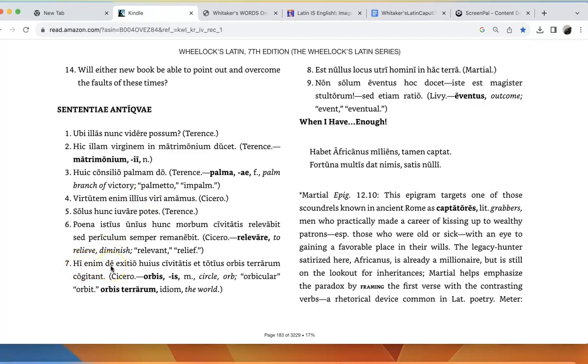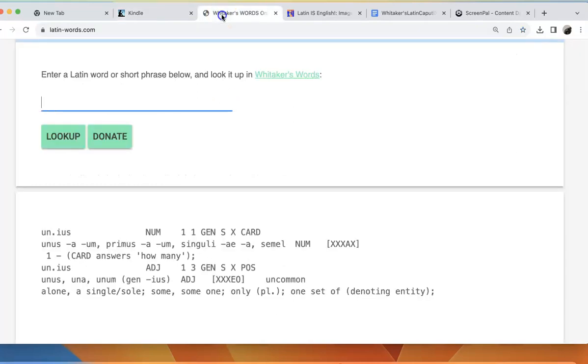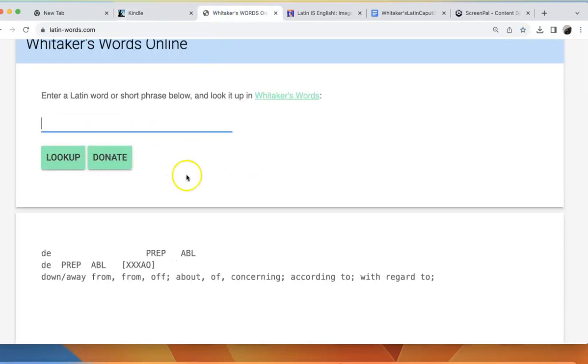So that is a preposition which means about. We've had this before. Again, if you're not sure, you have to look it up in a dictionary, Whitaker's Words. But then it's always followed by the ablative. So if we look here, preposition plus the ablative. So it means about or concerning, according to, so about is probably the most general translation of it. Unless it's a place, then it would be, for example, from Rome would be Rome. But here it's probably about, since we're thinking about something.